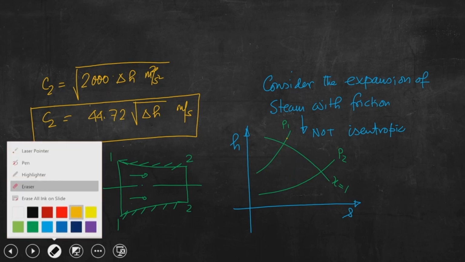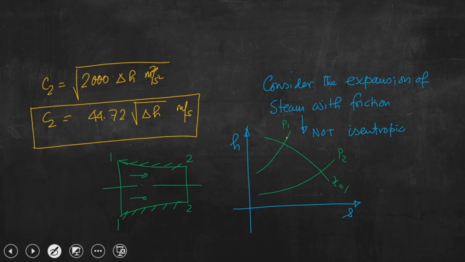This is isentropic expansion. So, this is point 2, this is point 1. These two are the constant pressure lines and this is the line of dissection, that is x equal to 1. Now the question is, this is the flow when there is no friction, an isentropic process, and that is what we have used till now to model the flow through a nozzle.